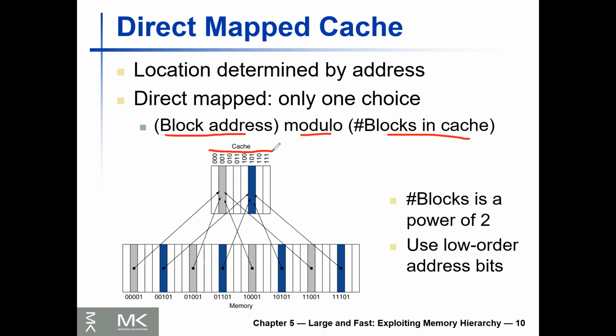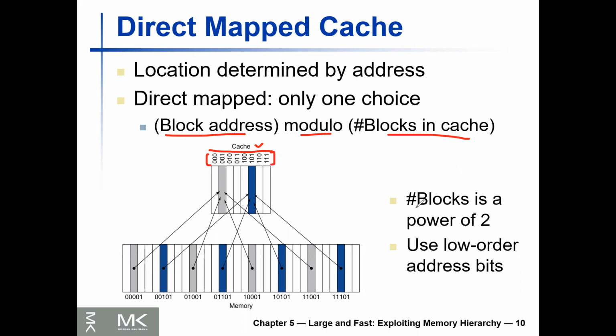We have 8 blocks. How can we represent 8 blocks? Using binary, we need 3 bits to represent the cache index, starting with 000 and ending with 111. So we have 8 blocks there.